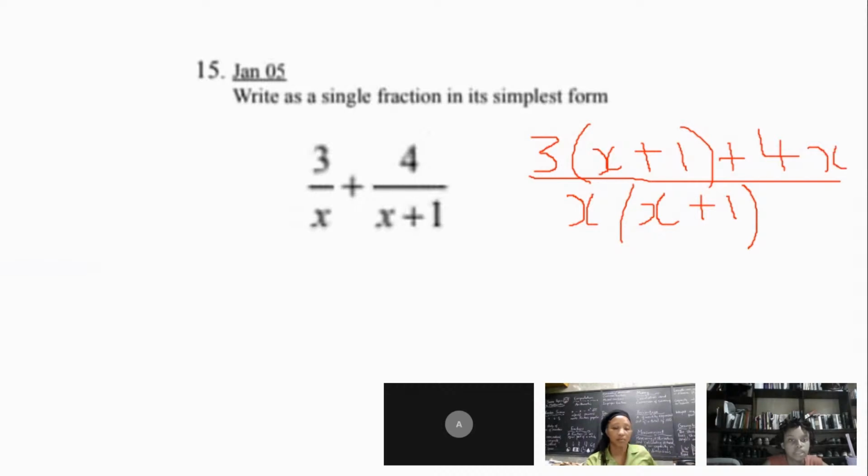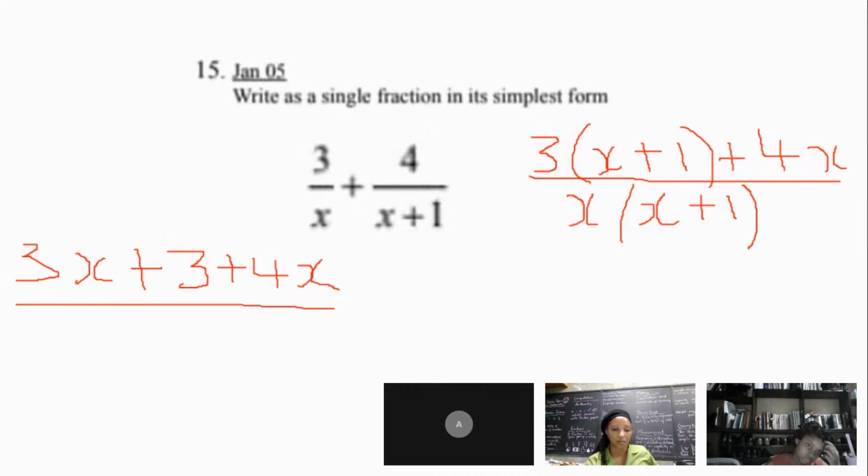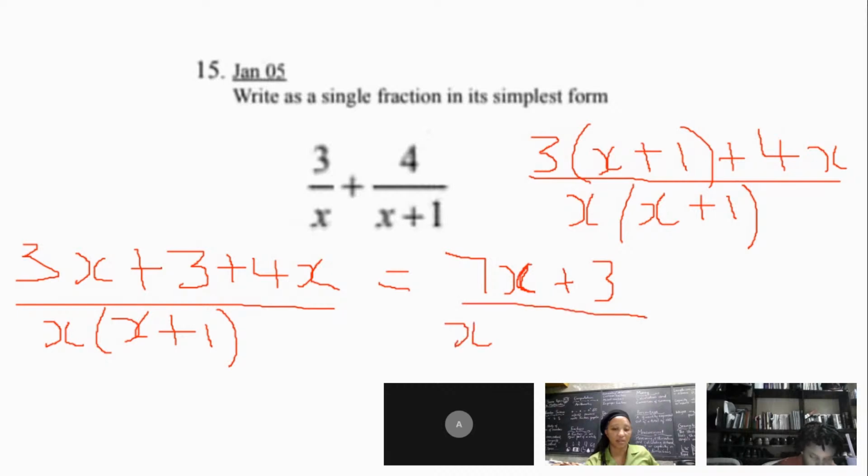So now we're going to expand the brackets, and it would be 3x plus 3 plus 4x over x and x plus 1. So it would be 7x plus 3 over x and x plus 1.